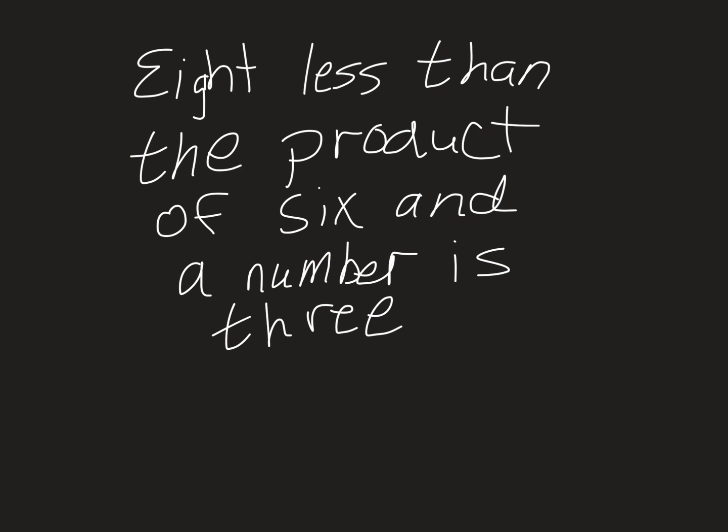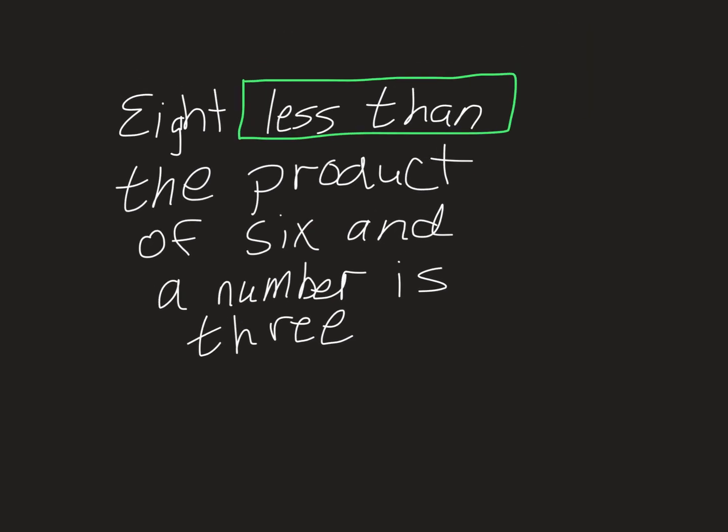A lot of kids say, well, 8 less than, that means I'm going to do 8 minus something, okay? It's not 8 minus something. It's still subtraction, but that "less than," remember, that's the one we did in our notes that's called a turnaround phrase.